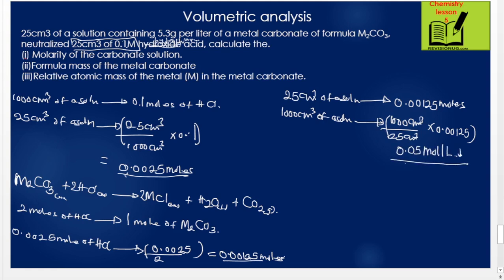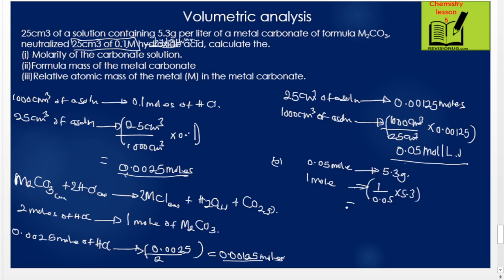Then after that, they want us to get the formula mass of the metal. Remember, 5.3 grams per liter, so it's equivalent to this one. Therefore, Roman 2 here, 0.05 moles contain 5.3 grams. Then how about 1 mole? It will give us 1 over 0.05 times 5.3.